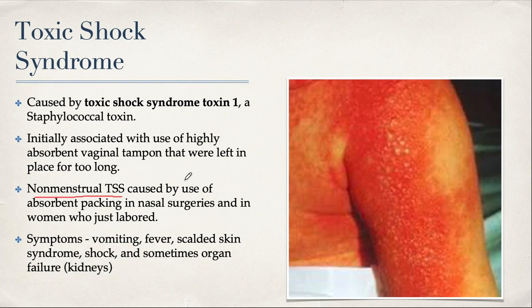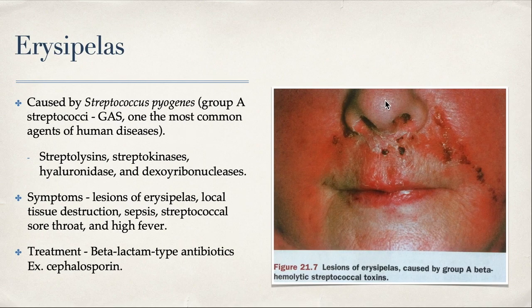So these are shocks that result from people undergoing nasal surgeries because of the absorbent packing that is used to reduce the loss of blood. And then also in women who have just labored. The symptoms include vomiting, fever, scalded skin syndrome, as you can see here, and sometimes it may result in organ failure, especially if there is a shock associated with it.